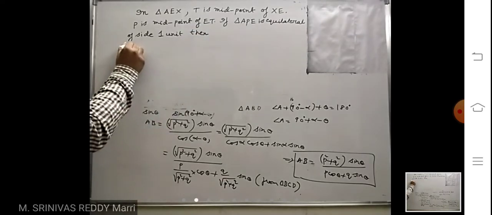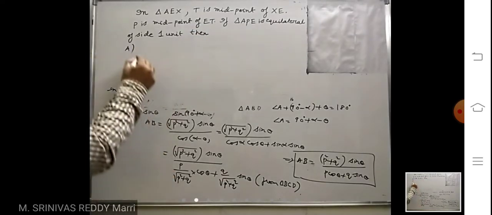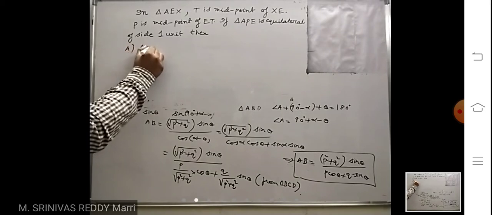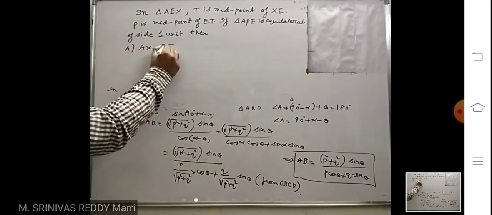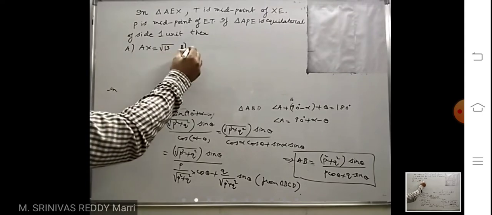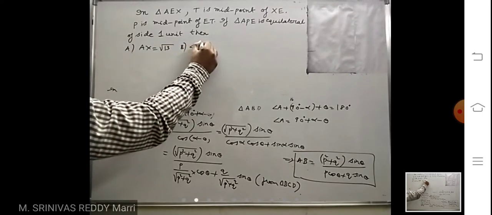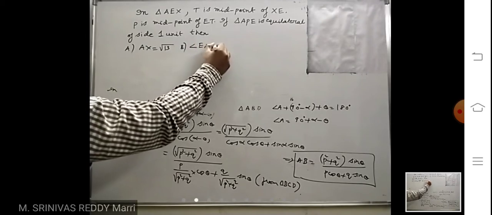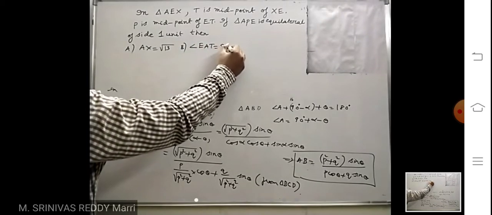Options are given. Look at this, it is a multi-answer question. More than one correct. Option A: AX equal to root 13. Second option: angle EAT equal to 90 degree.